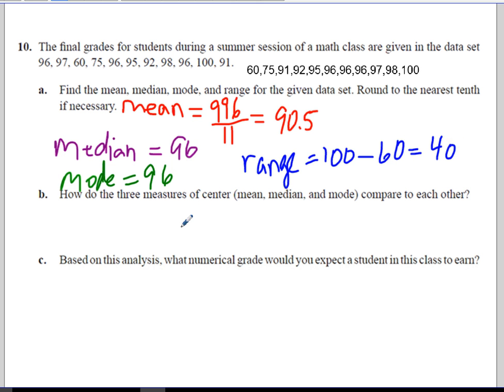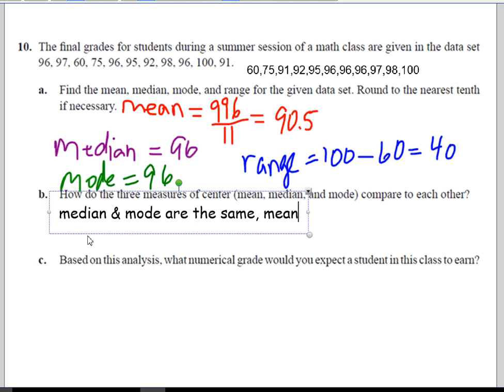And so how do these 3 measures of central tendency compare to each other? Well, in this case, the median and the mode are the same, and our mean, or our average, is smaller.